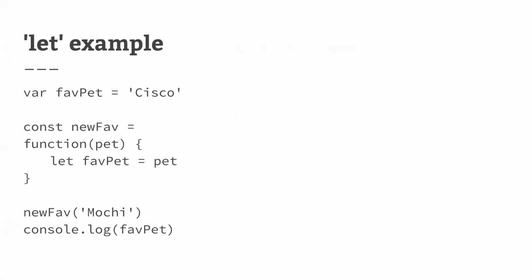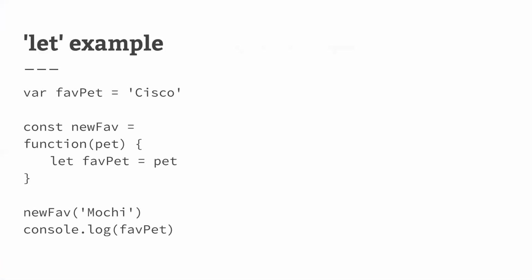So we run new fave on Mochi, and inside this little interior bubble, fave pet is going to be Mochi. But when we're finished with the function and we go back out, fave pet is going to be Cisco again. Scope is really tricky.